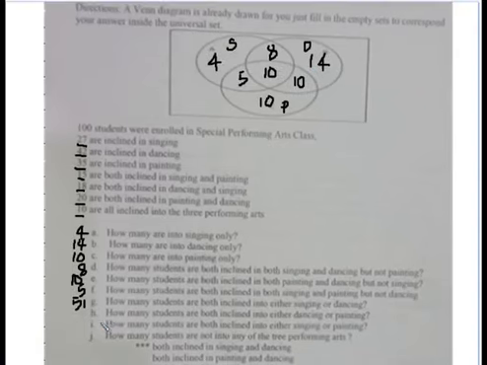Alright, let's have letter H. How many students are inclined in either dancing or painting? So as you can see here, dancing or painting. So we have the whole section of this, P and D, set B and set C. Right?